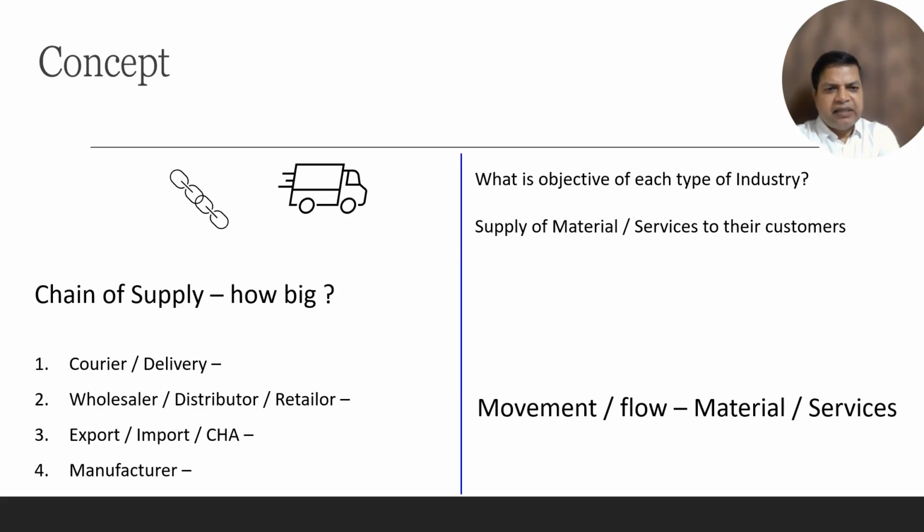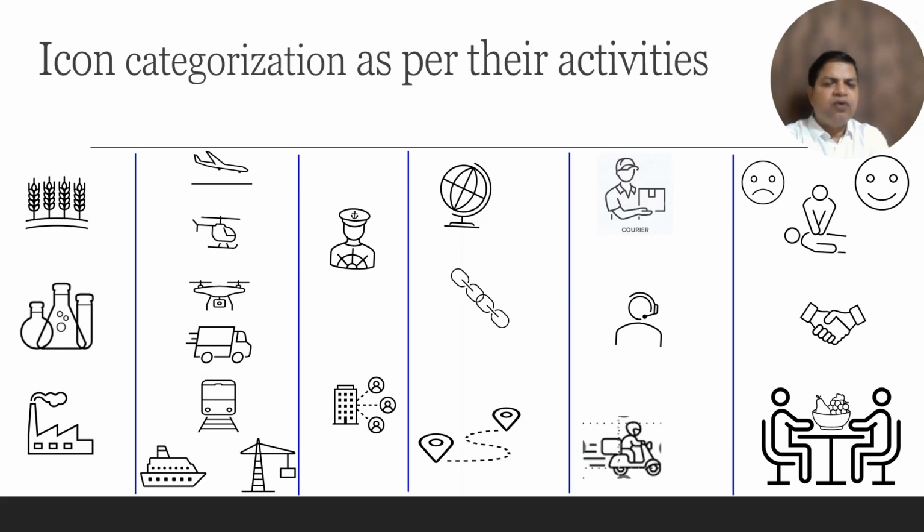So now we know the concept of supply chain. Let's understand the icons plotted here, which have been categorized by nature, and this icon is majorly associated with supply of either material or services.